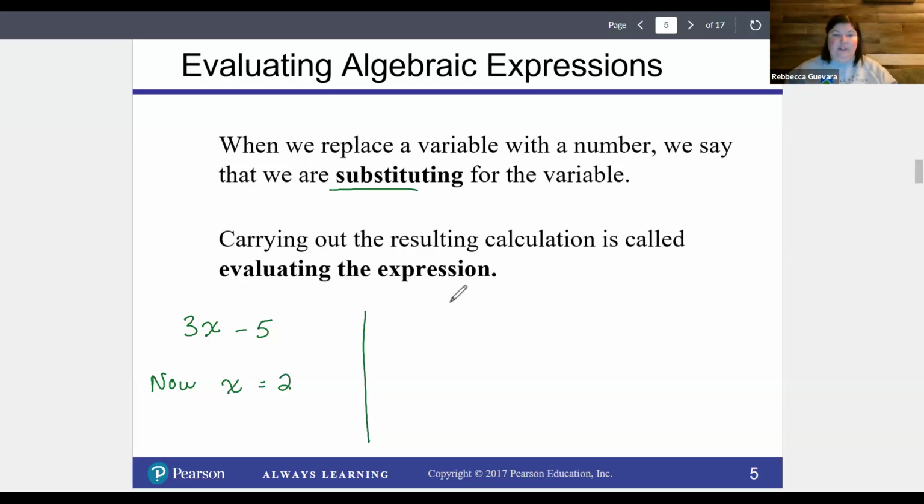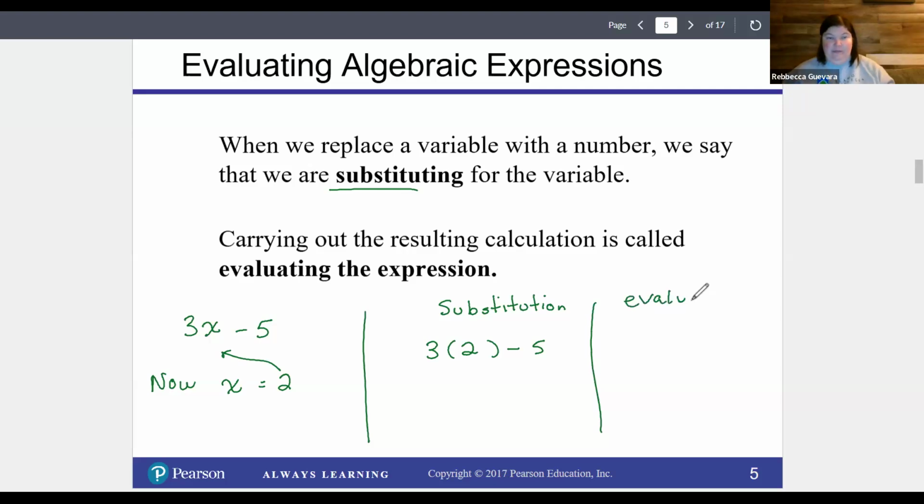When we substitute, what we mean is I'm going to take that 3, and where I had an x, I'm going to substitute that 2 back in, because the other thing we know x can be is 2. That is all we mean by substitution. Now, if I want to evaluate the expression, that is the equivalent of saying we are just going to simplify.